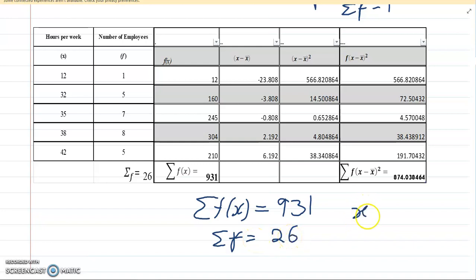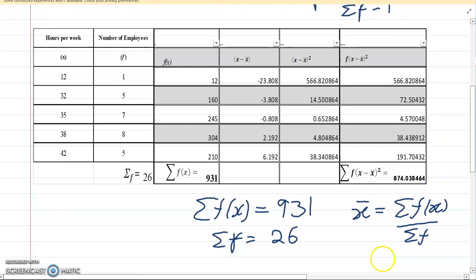And to find our mean, we need sigma f x, which we divide by sigma f.